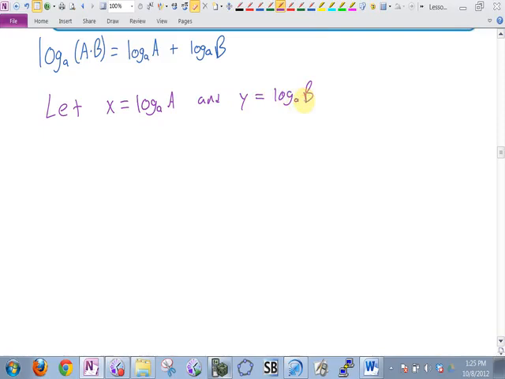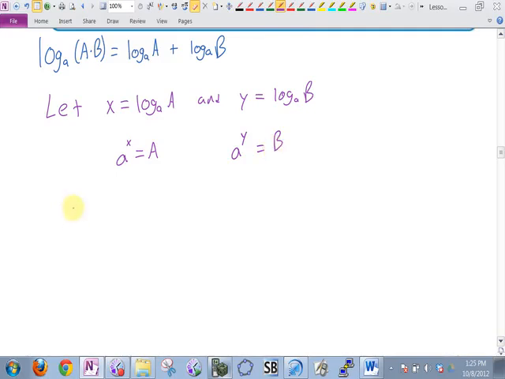Can't every log expression be translated into an equivalent exponential expression? So can't this log expression be translated into a raised to the x power equals capital A? Agreed? And a raised to the y power equals capital B? Okay.